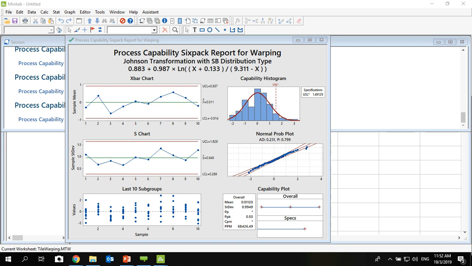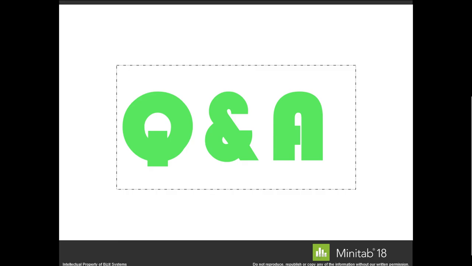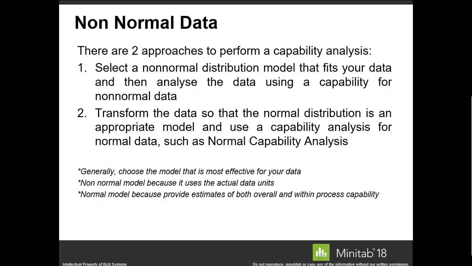When does a normality check need a transformation? Transformation is needed when your data is not normal. If your data is normal, you can proceed with the capability analysis. So make sure that before you measure the capability, you fulfill the assumptions.